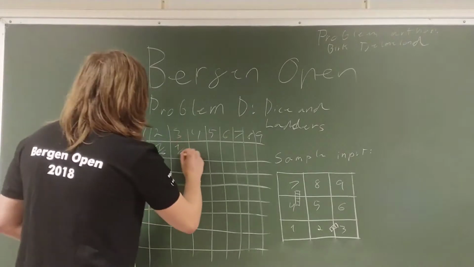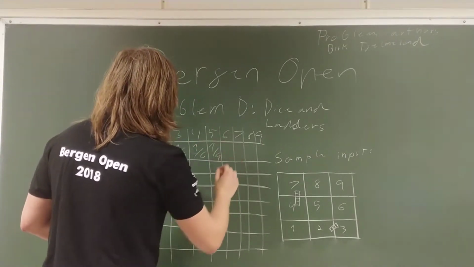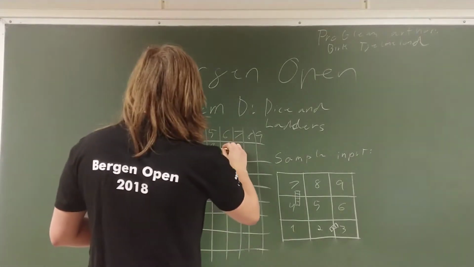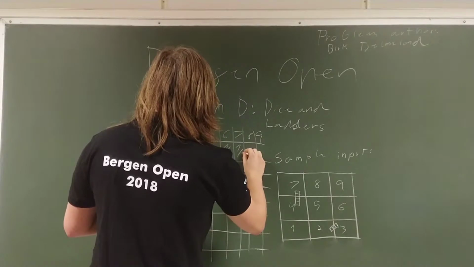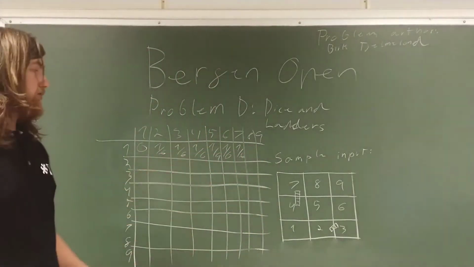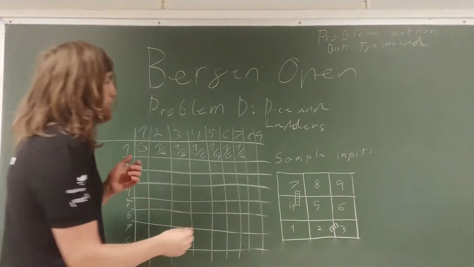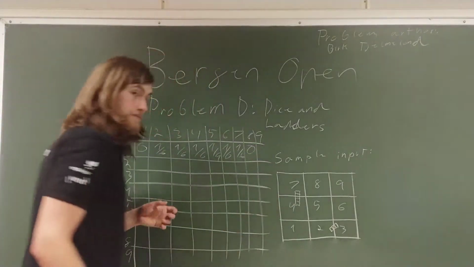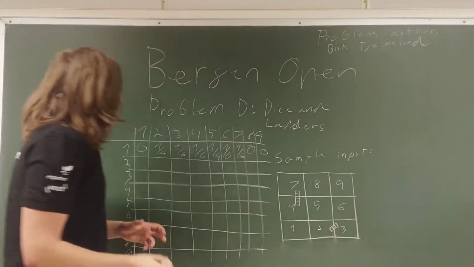The same with 3, and up to 7. However, since we cannot throw 7 or more with our dice, the probability of going to cells 8 and 9 are both 0.